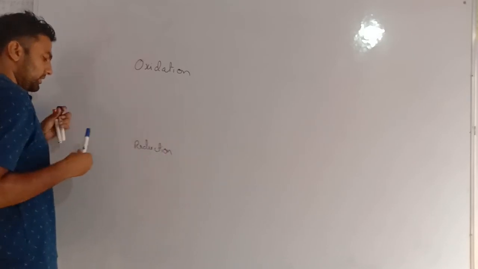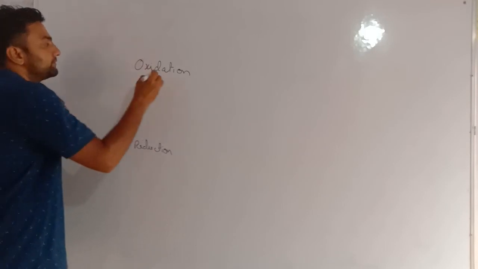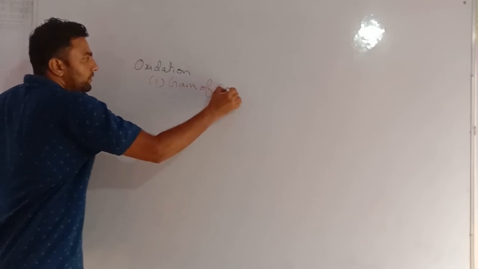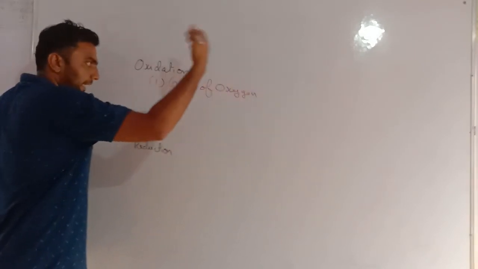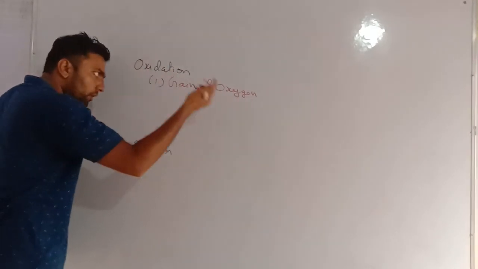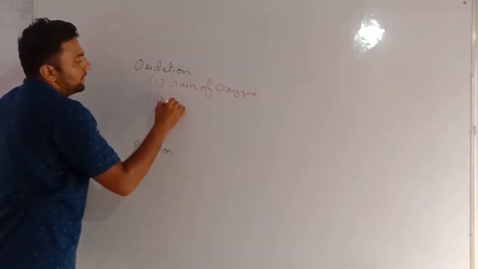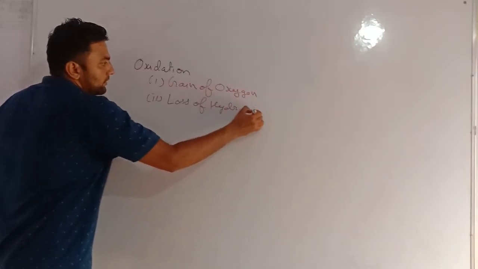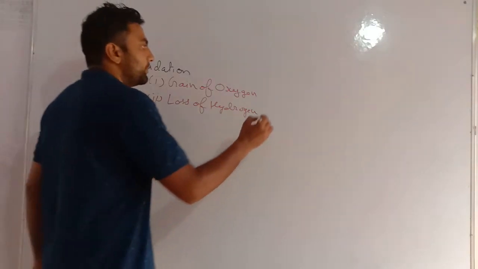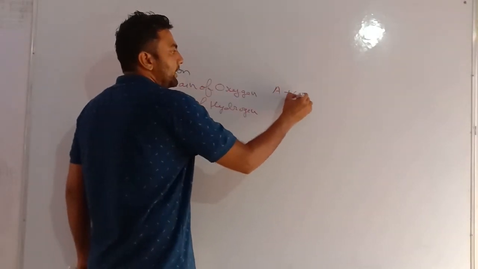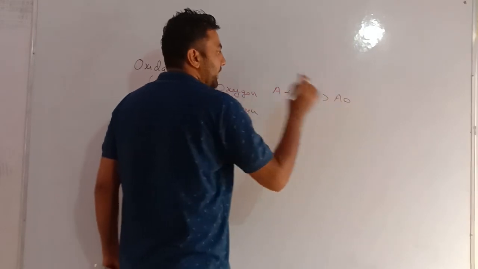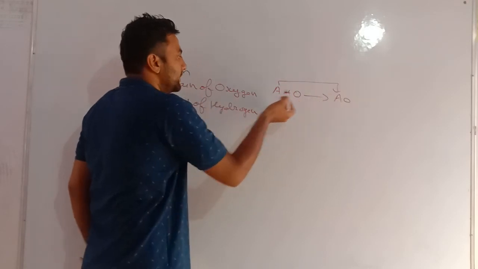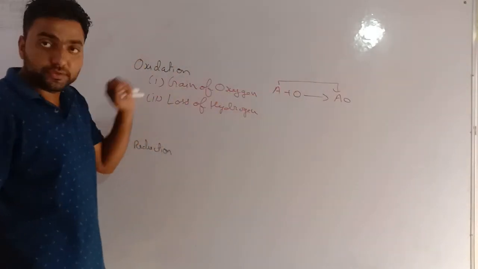See, my dear students, oxidation means first, gain of oxygen. If I gain oxygen, then that is known as oxidation. Or, if there is loss of hydrogen, then it is oxidation. For example, any element A reacts with oxygen and they combine. This A is getting oxygen, gain of oxygen, so this is oxidation.